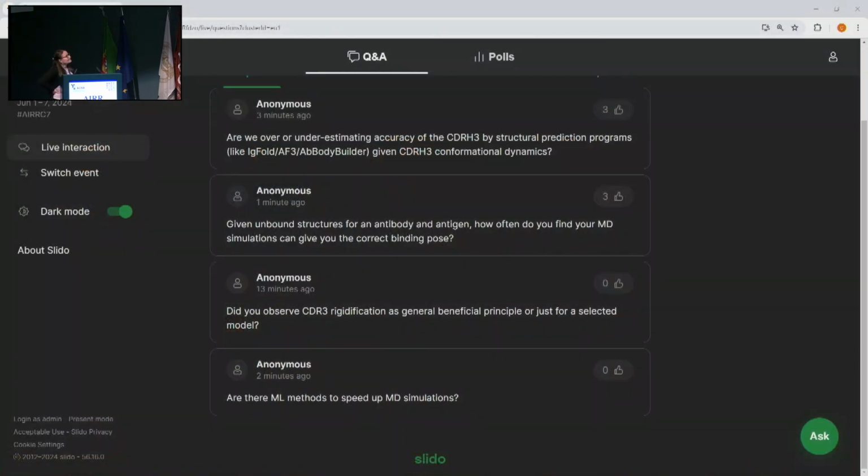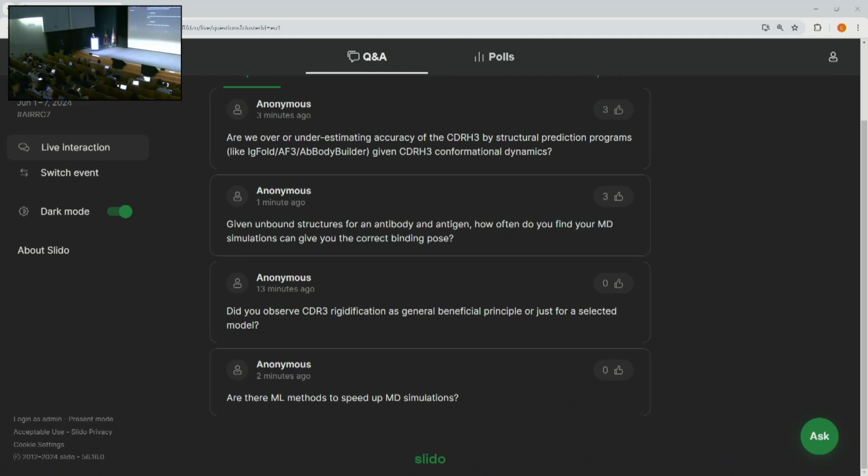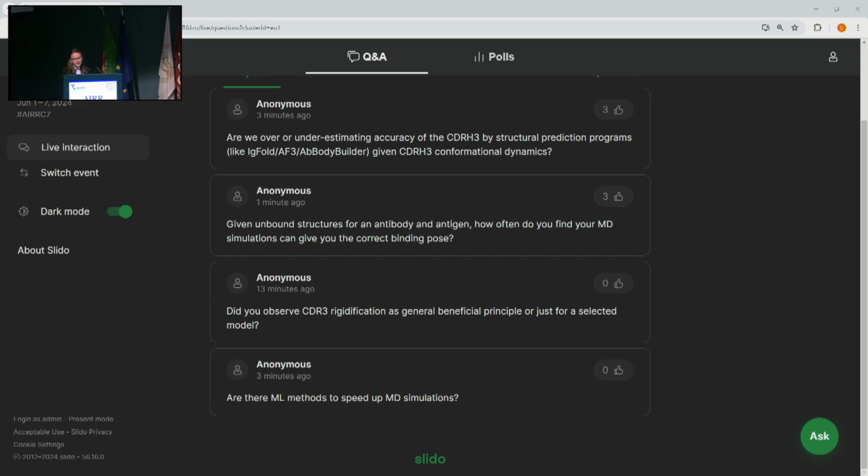The first is, are we over or underestimating the accuracy of CDRH3 by structural prediction programs like IgFold, AlphaFold3, ABodyBuilder, given the CDRH3 conformational dynamics? So I think none of those conformations are wrong if they are physically accurate.